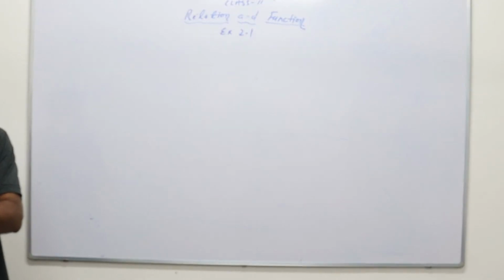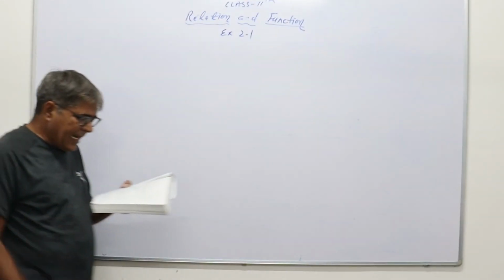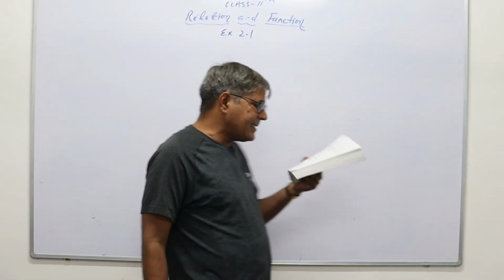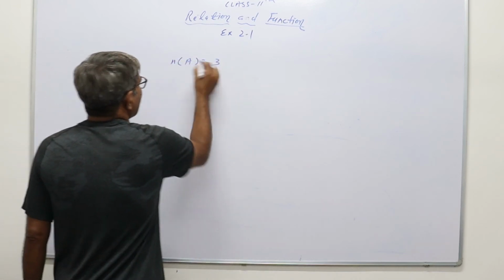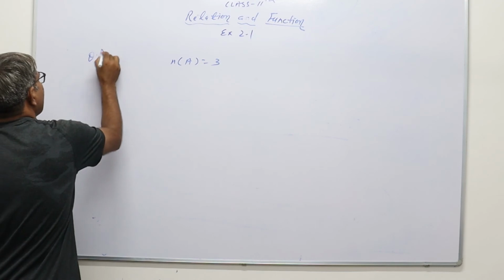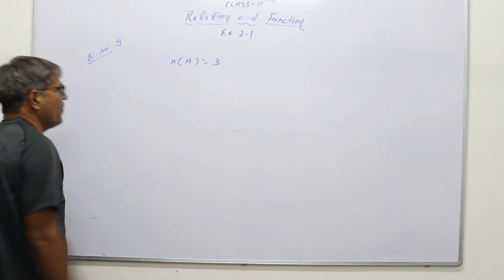Now question number 9, let A and B be the two given sets such that n(A) is equal to 3. Which question is this? Question number 9 of exercise 2.1.